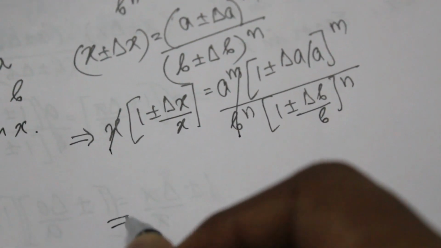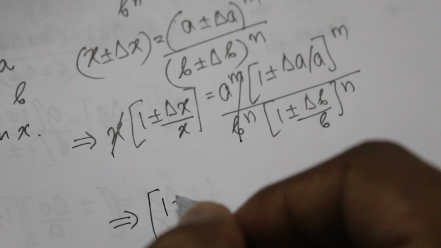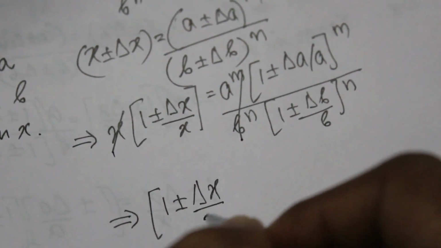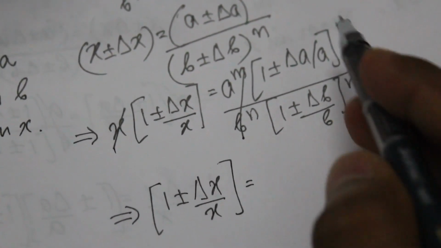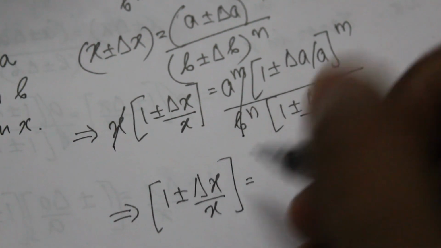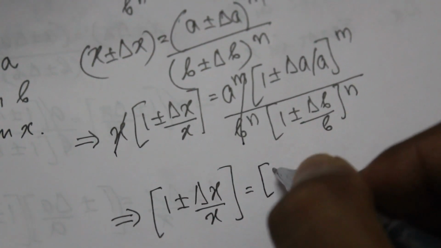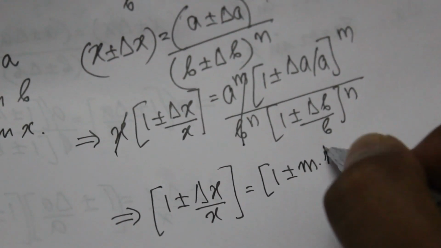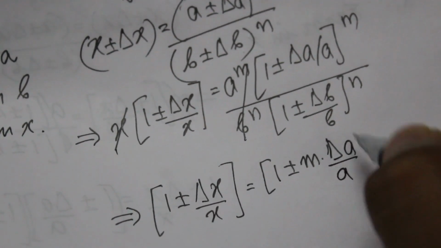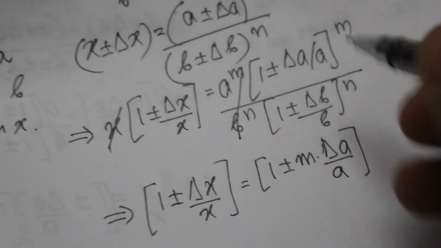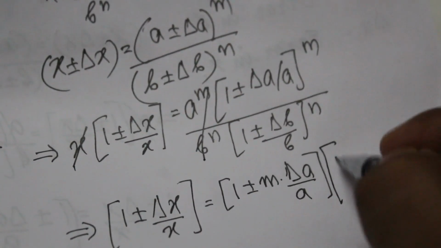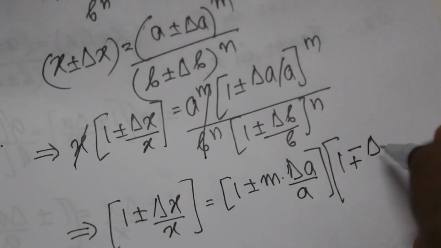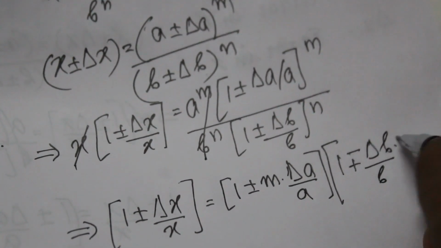Next, we will write 1 plus minus delta x upon x using the binomial theorem as we have discussed. Neglecting the higher terms, I get 1 plus minus m delta a upon a. Taking this in the numerator, I will get 1 minus plus n delta b upon b.